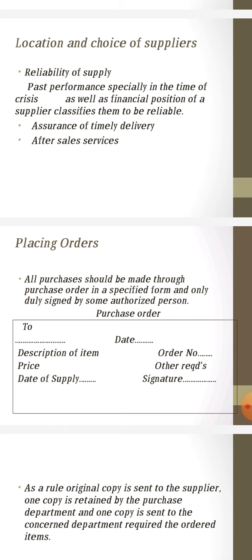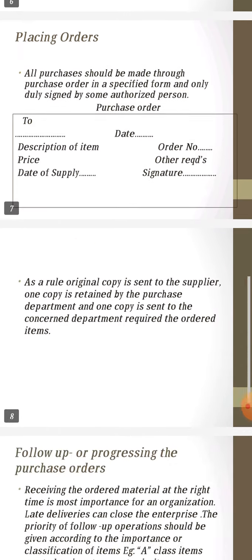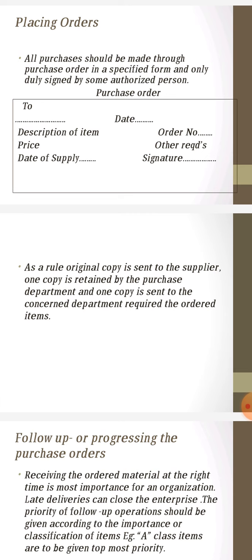That is said to be a purchase order. It is a format and form of purchase order, and the original copy is sent to the supplier and to our purchase department, and it is also sent to the department that requires the ordered items.